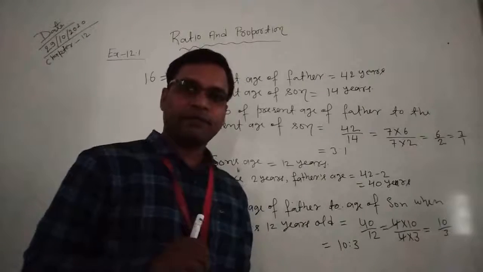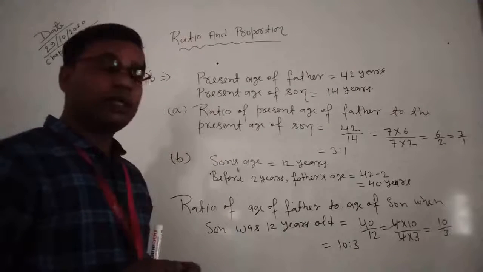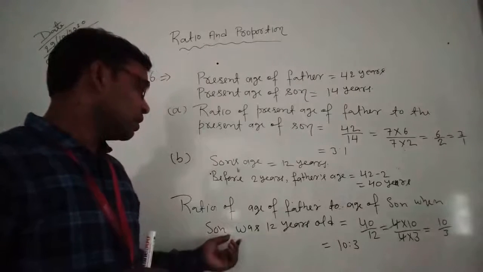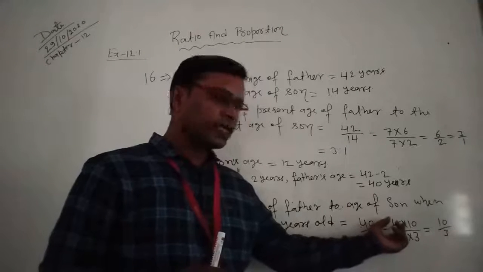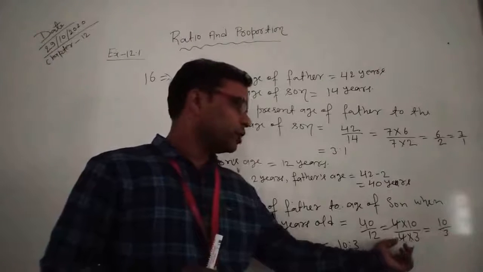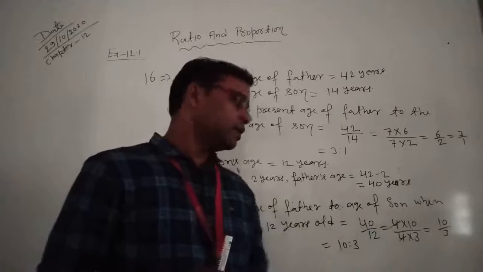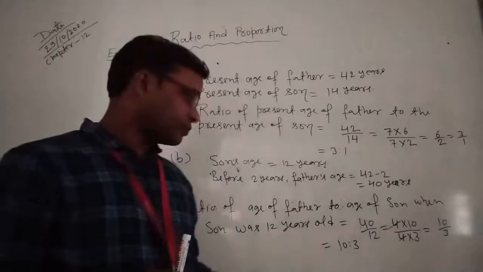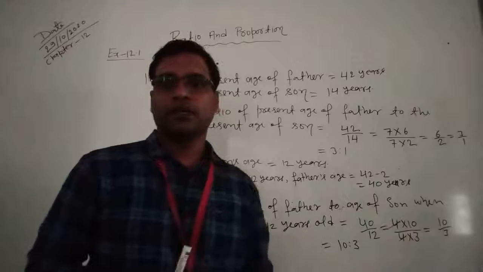Now the ratio is 40 by 12. We write 40 as 4 into 10 by 4 into 3, which is 12. 4 cancels, then we obtain 10 by 3. So in this way the required ratio is 10:3.